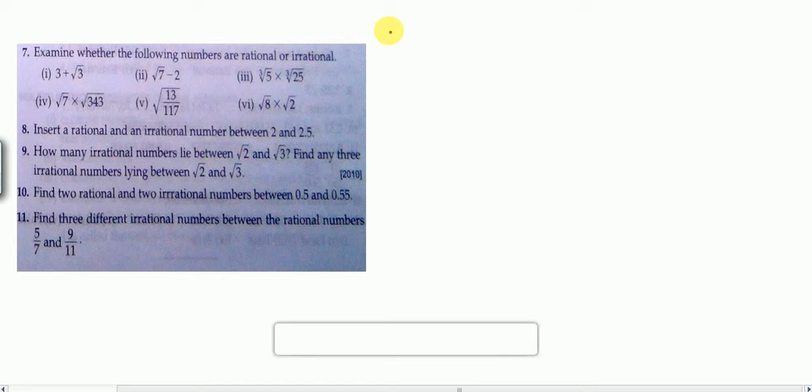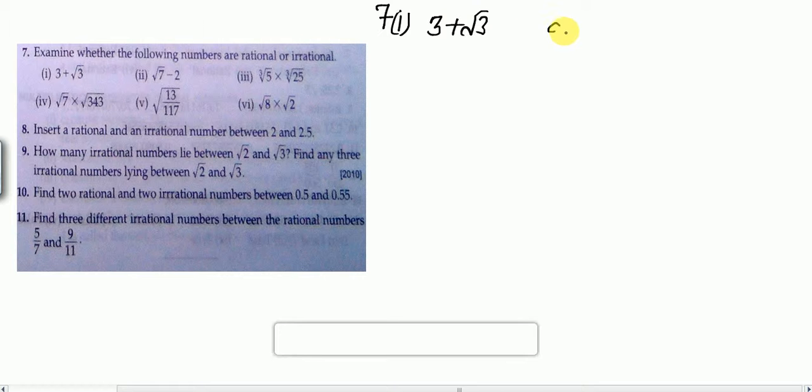Today we are solving the numericals of exercise 1C of number systems. The 7th question is: examine whether the following numbers are rational or irrational. First is 3 plus under root 3.